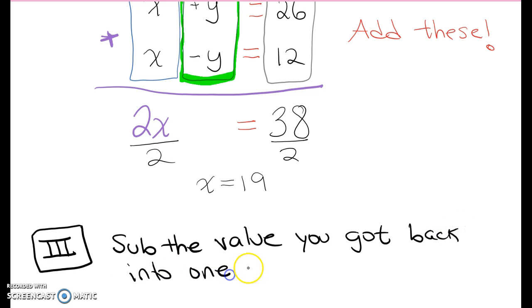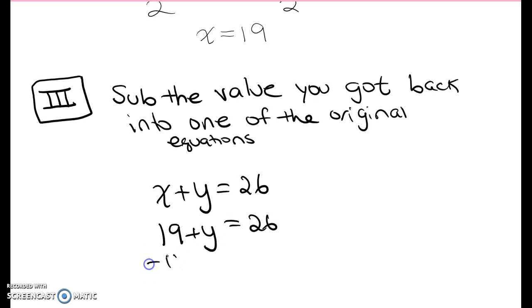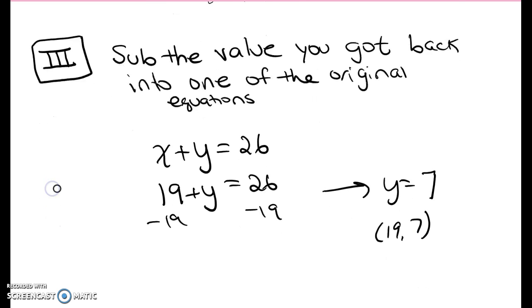It doesn't matter which one we sub it into. So I can do x plus y equals 26. Well, now I know that 19 plus y equals 26; minus 19, minus 19. y equals 7. I'm not going to do any checking right now because we don't have a lot of time on this video, but we have solved by addition.